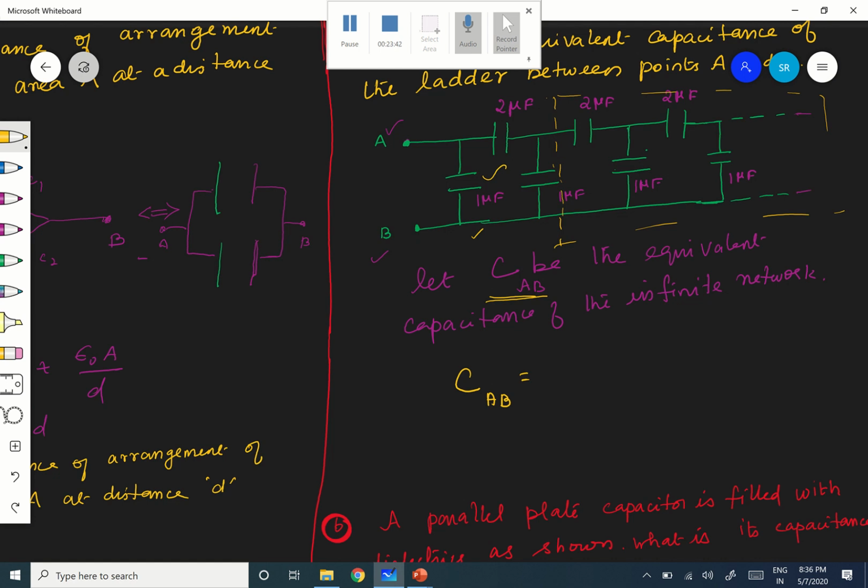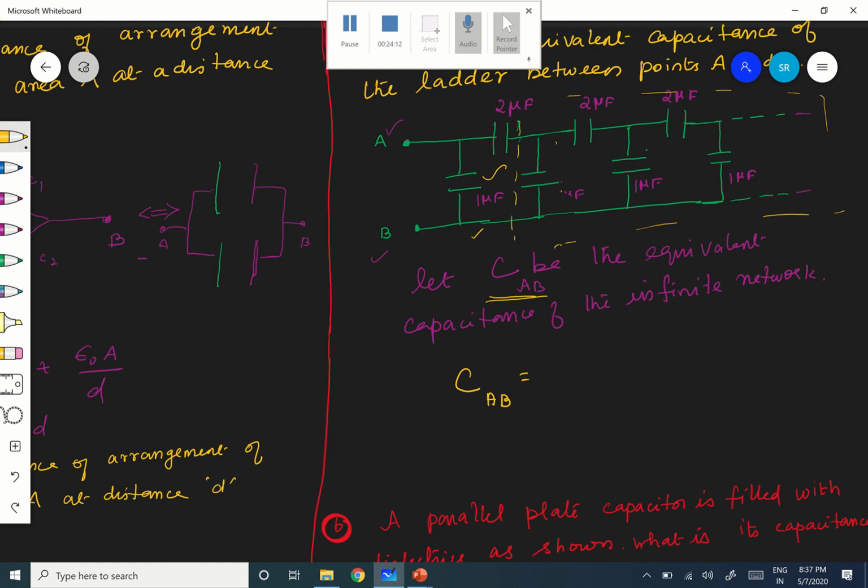One more very important thing: see, here in the network we have 1 microfarad, 2 microfarad, then 1 microfarad, 2 microfarad, 1 microfarad. Therefore, I am not cutting here, I am cutting here. Only then it will give you the proper result.